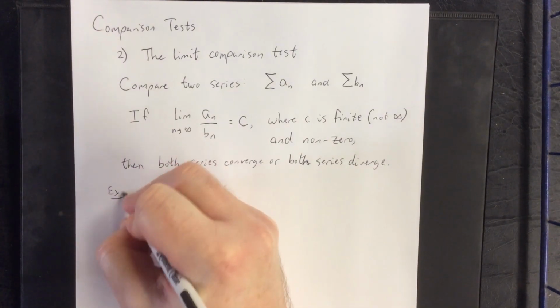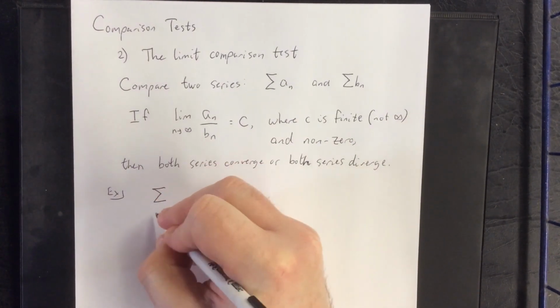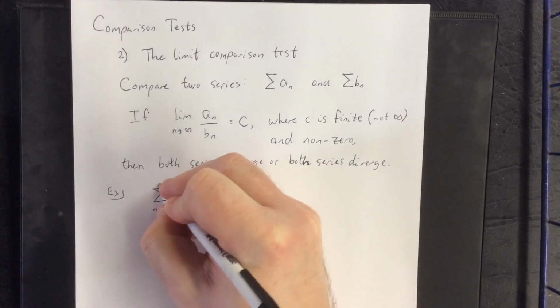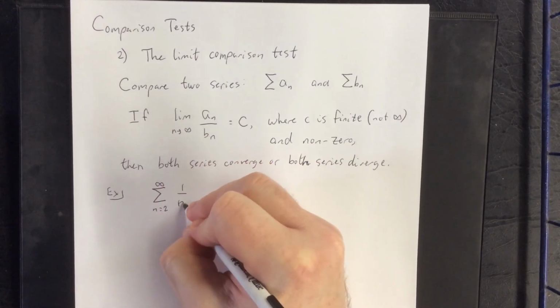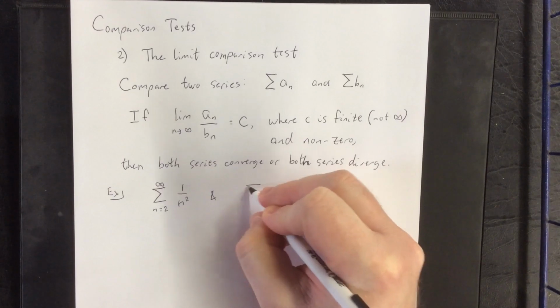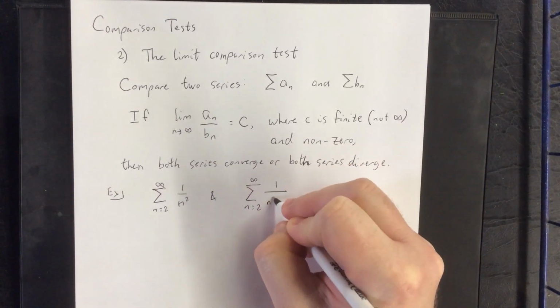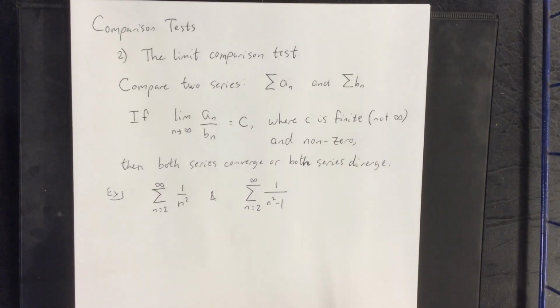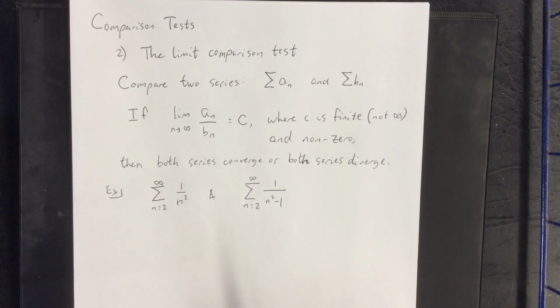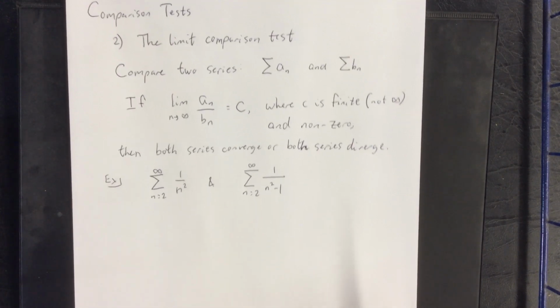So in the last video, we were comparing the sum from n equals 2 to infinity of 1 over n squared and the sum from n equals 2 to infinity of 1 over n squared minus 1. We attempted to use the direct comparison test, but the inequality was facing the wrong way for us to draw a conclusion.